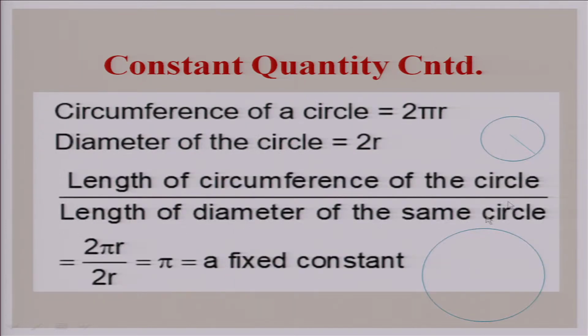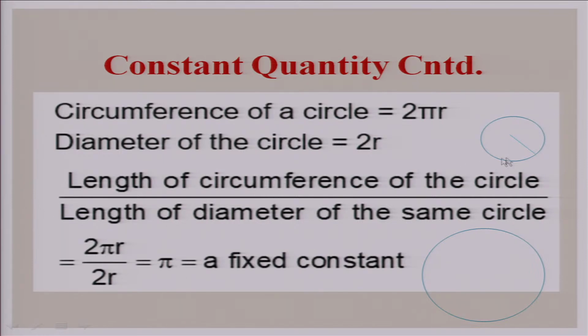Now the number pi. You know that the circumference of a circle is 2 pi r, and the diameter of the circle is 2r. So if you take the ratio of circumference to the diameter of the circle, circumference is 2 pi r, diameter is 2r. So 2 cancels with this, r cancels with this, and we get pi. This pi is a fixed constant. This will not change from circle to circle.